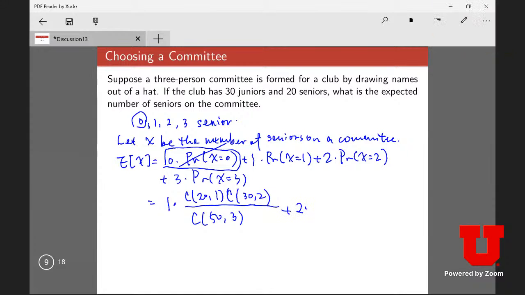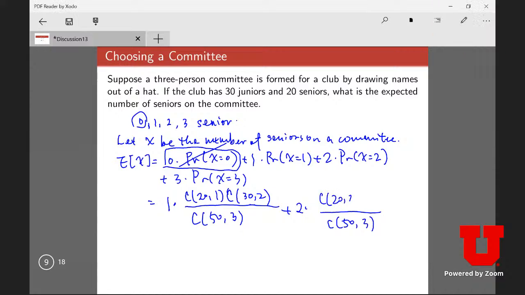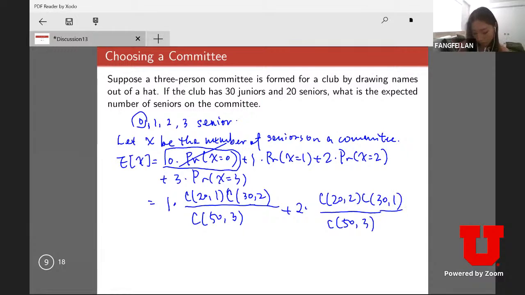2 times what? The probability that X is equal to 2. And how do we compute the probability that X is equal to 2? Same thing, right? You always divide by the sample space. But then what about the numerator? You'd be picking 2 from 20 and then 1 from 30. Yep.